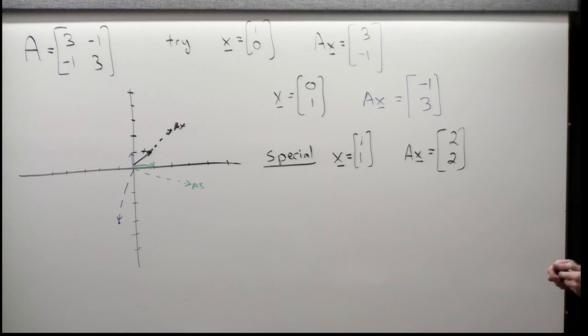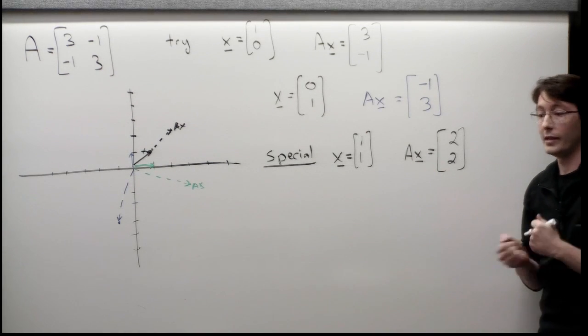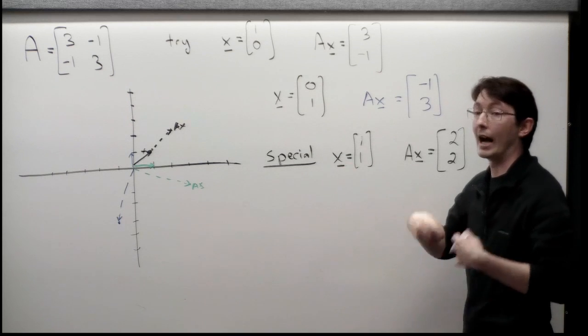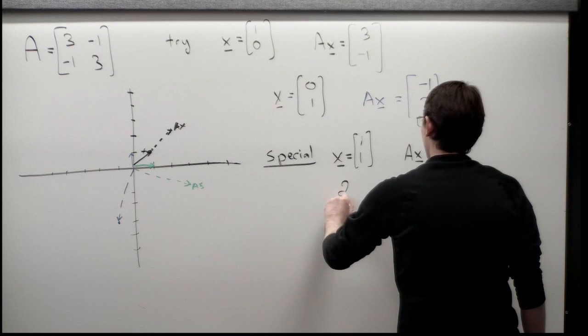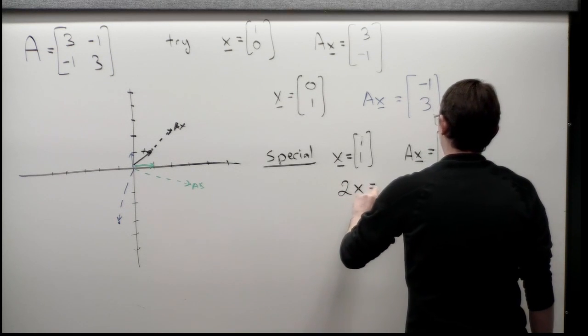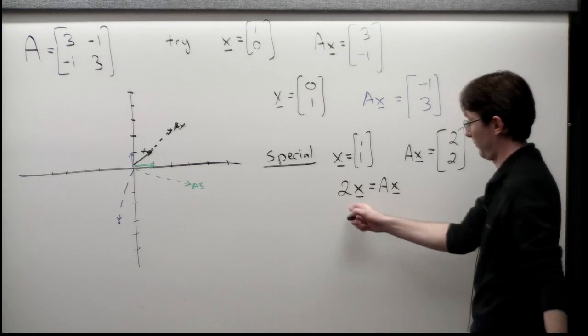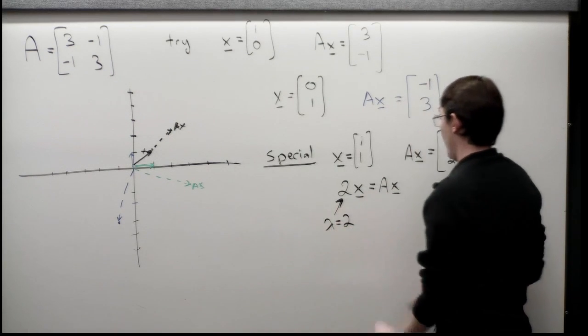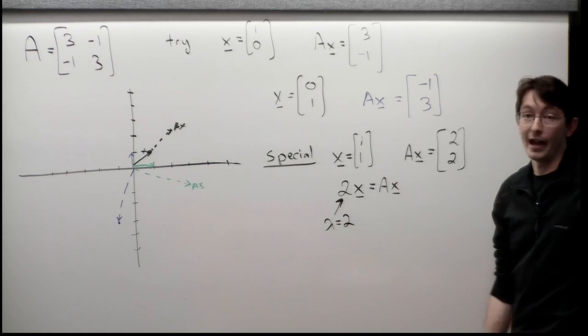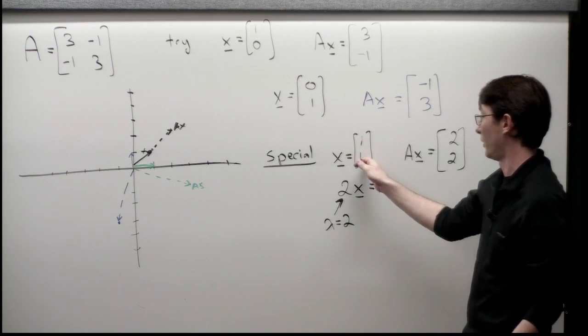They point in the same direction, and this means that x is actually an eigenvector of A. So 2 times x equals A times x. My eigenvalue is 2, and my eigenvector is x with coordinates (1, 1).